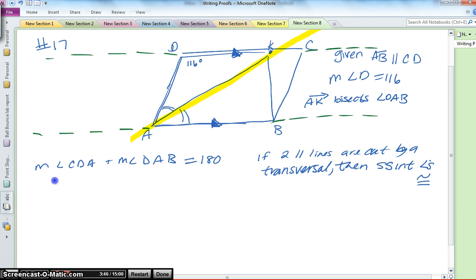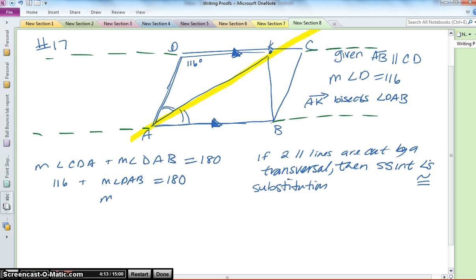Now we know the measure of CDA, that's 116, plus the measure of angle DAB equals 180. And that's by substitution. So I believe you're recognizing the steps, and I believe you're understanding the reasoning. And that's really all it takes to write a proof.